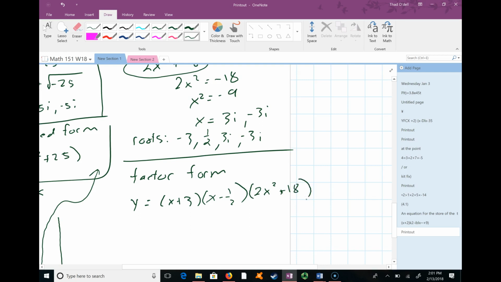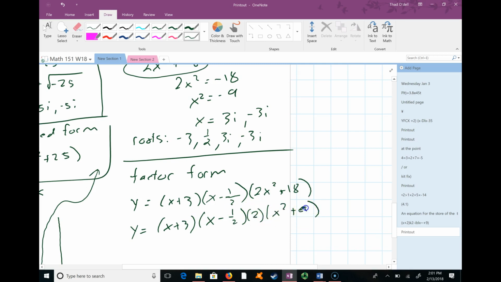But notice there's a factor 2 in there, and also notice that this is not really good factored form, because usually we don't include fractions in factoring. If you think about all the trinomials you've factored in the past, you usually don't think of throwing a fraction in there. So we're going to factor 2 out of this. Really you'd write this as y equals x plus 3 times x minus 1/2 times 2 times x squared plus 9.